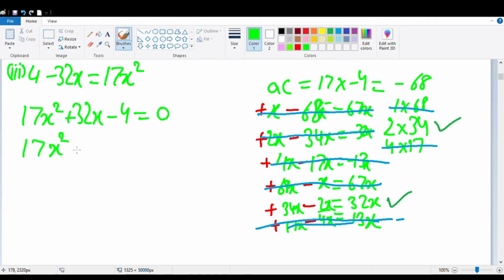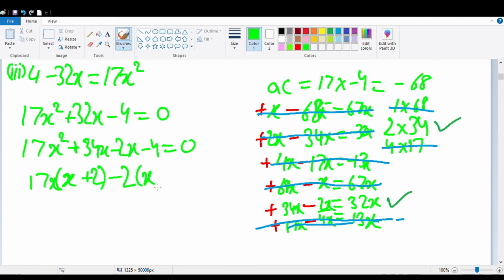17x squared plus 34x minus 2x minus 4 is equal to 0. So taking 17x common, 17x into x plus 2, minus, taking 2 common, 2 into x plus 2, is equal to 0.